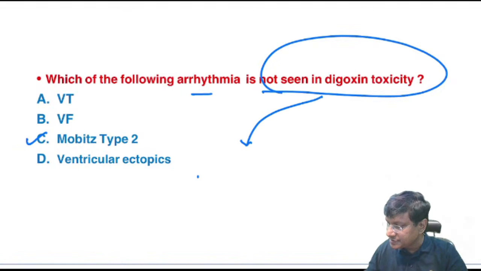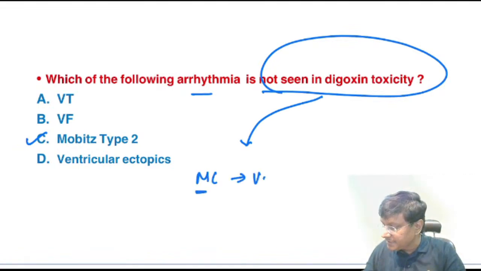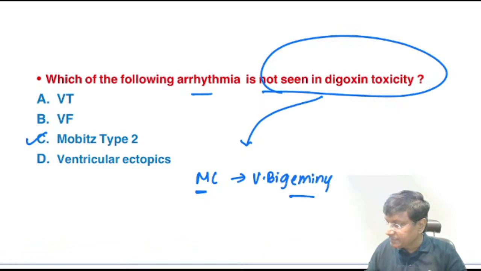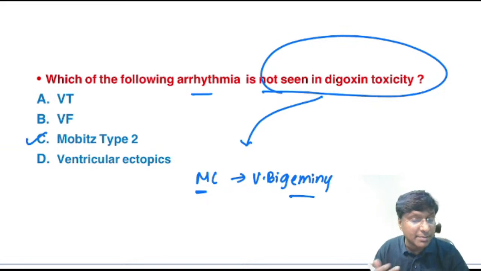And in digoxin toxicity, what will be the most common arrhythmia? The most common arrhythmia will be ventricular bigeminy. That will be the most common ventricular arrhythmia. The other arrhythmias that can be seen are VT, VF and ventricular ectopics.